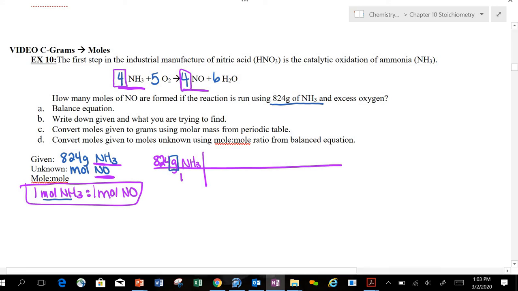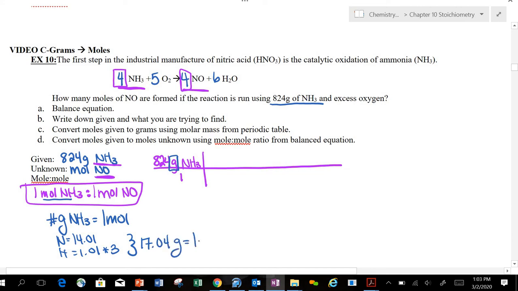So we need to find the molar mass of NH3 so that we can figure out how many moles of NH3 we have. We go to the periodic table and you find N is 14.01 and H is 1.01, times that by 3 because there's 3 of them. So we know our molar mass is 17.04 grams in every 1 mole of NH3.